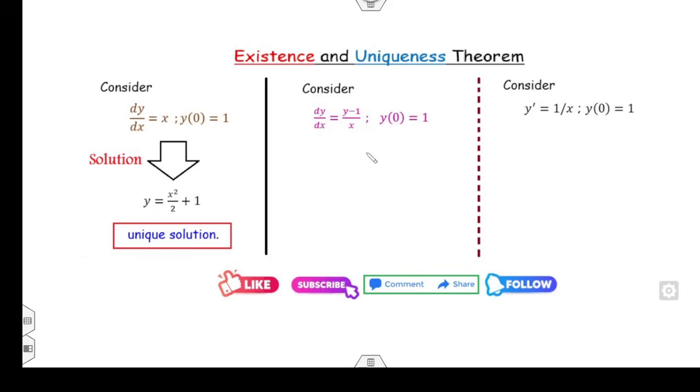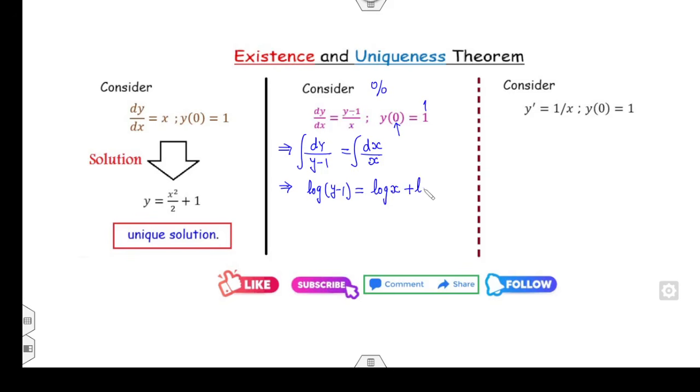If you look at the second example, first of all, you can see whenever x is 0, y is equal to 1. The equation is of 0 by 0 form. So can you integrate it? If you write it as dy over y minus 1 equal to dx over x and integrate, the left hand side becomes log of y minus 1 and the right is log of x.